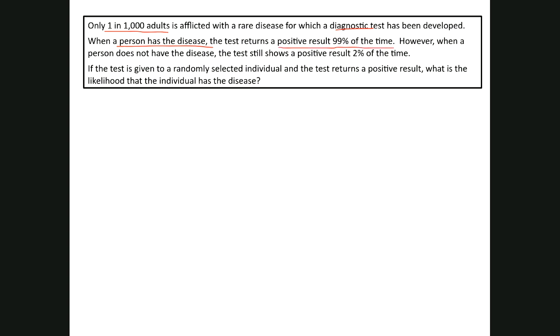But when the person does not have the disease, the test still shows a positive result 2% of the time. If you're the doctor or the tester and a person walks in the door who you don't know anything about, and that person has a positive test, what's the probability that the individual actually has the disease?